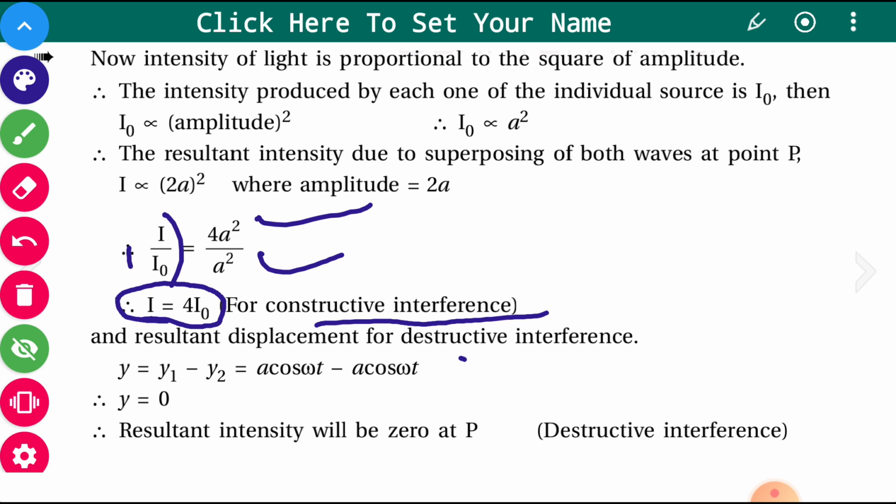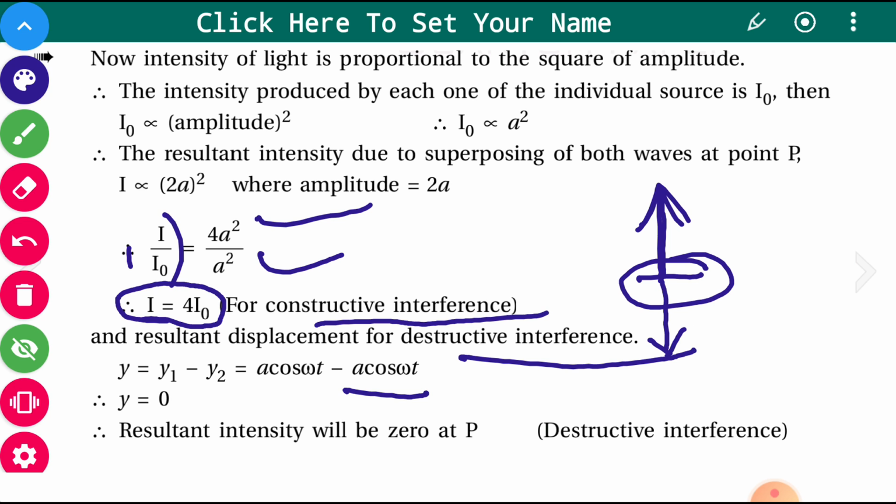If there is destructive interference, then the displacement of the particle at point P by one wave will be in one direction, and the displacement by the other wave will be in the opposite direction. Try to understand: if the displacement due to one wave is in the upward direction, then the displacement by the other wave will be in the downward direction.